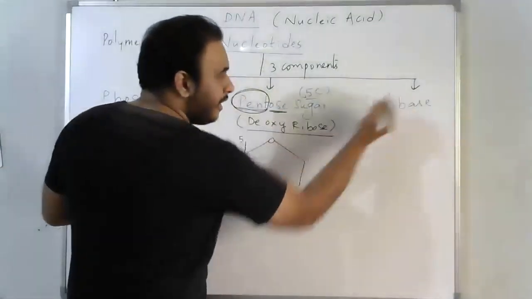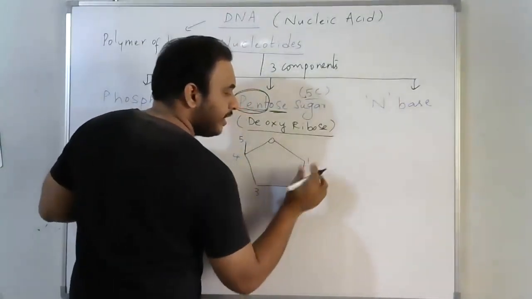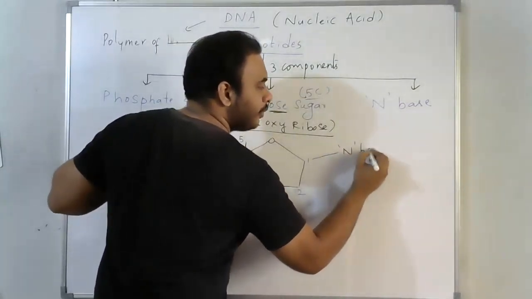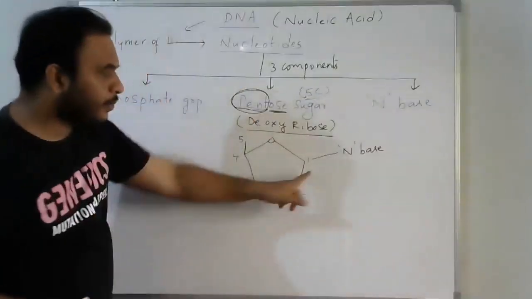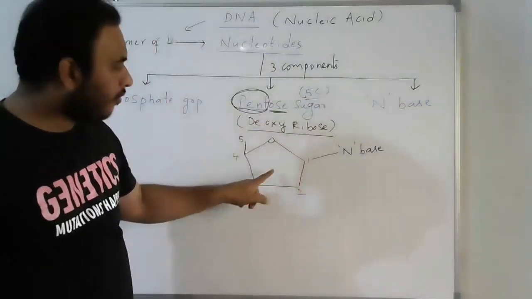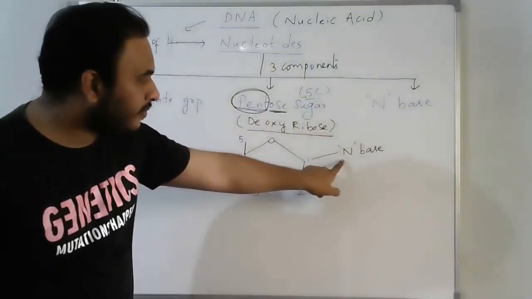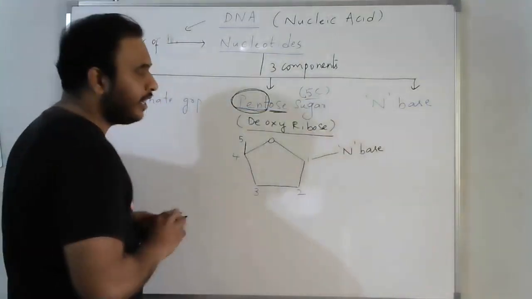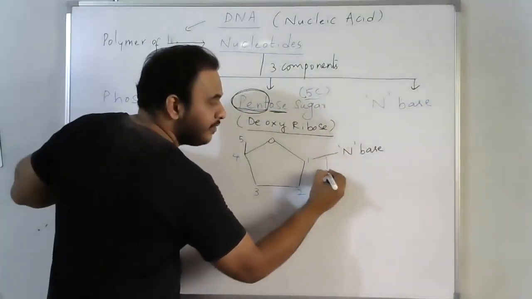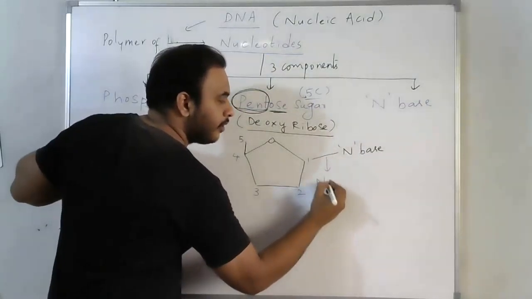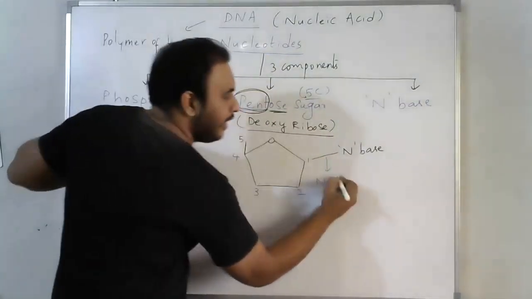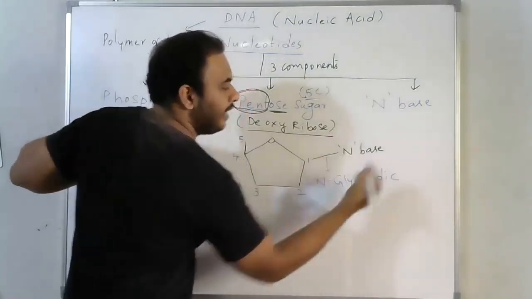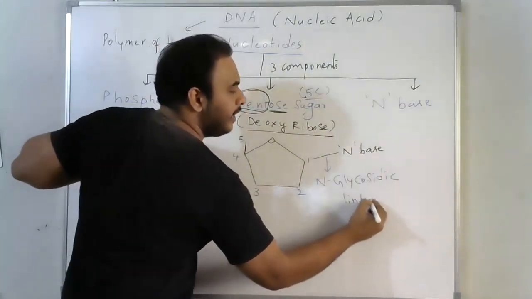And coming to the nitrogenous base, the nitrogenous base is attached to the first carbon of the pentose sugar. This linkage is called N-glycosidic linkage.